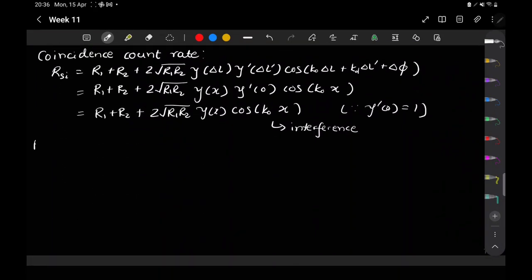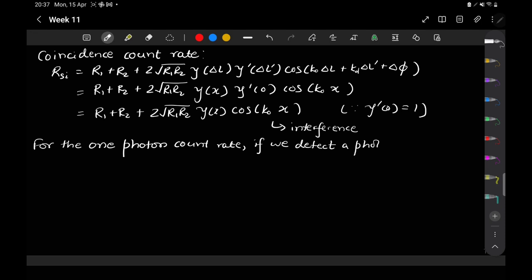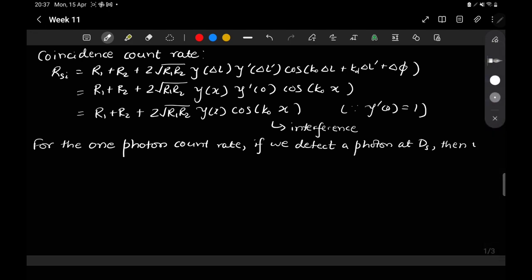So if we detect a photon at ds, then we know for sure that the other photon is at di.